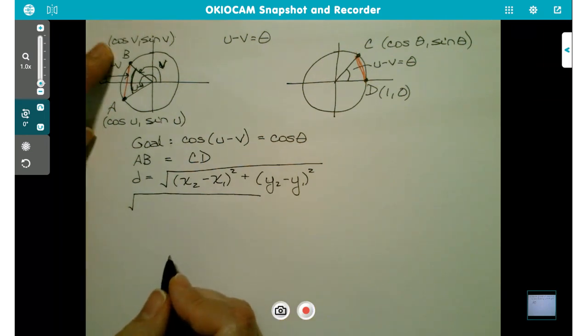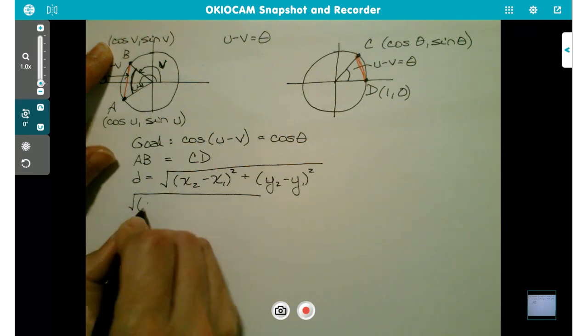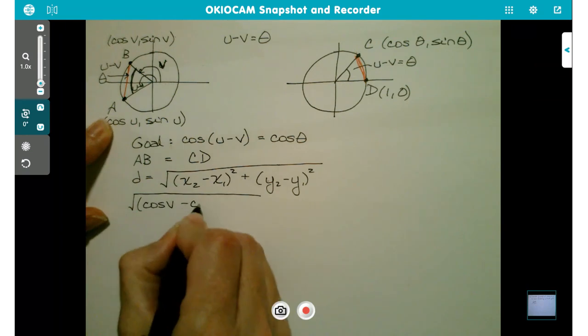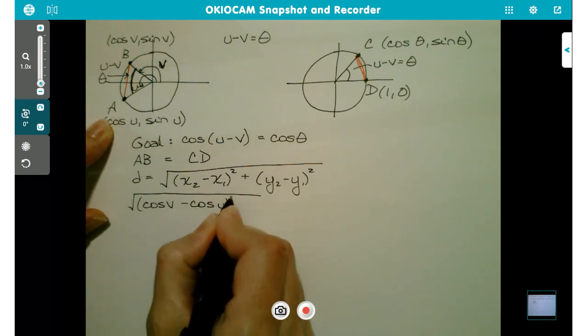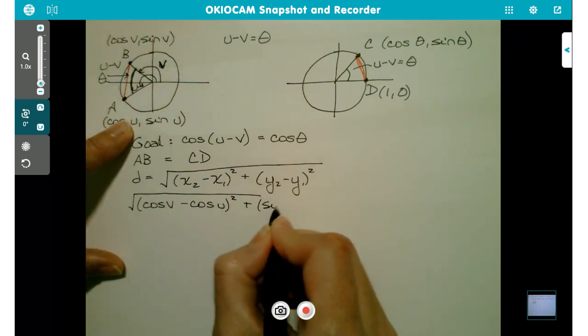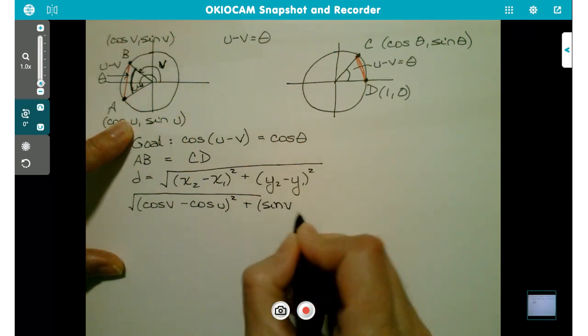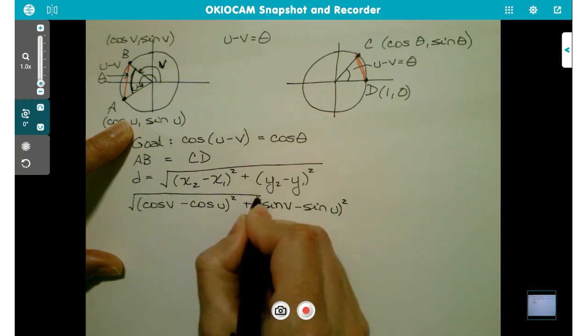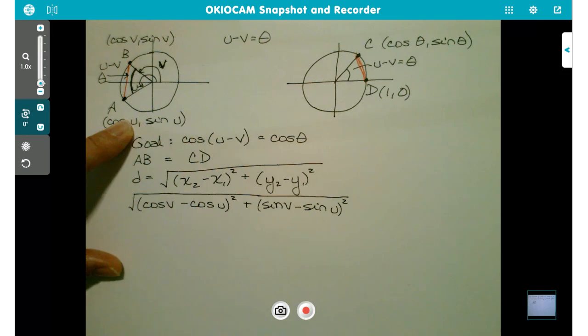So we'll do B first, the x coordinate, cosine V minus cosine U squared plus, and then the difference of the y's, sine V minus sine U squared. So there's the distance from A to B.